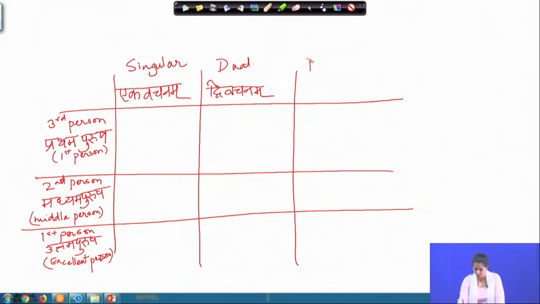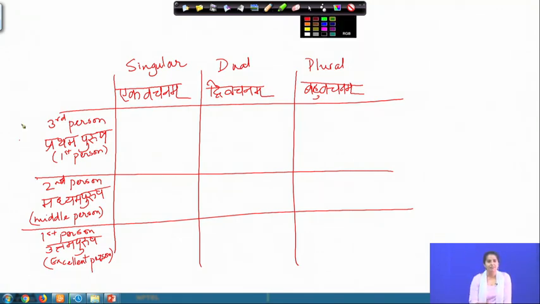And then you have the plural, which is the Bahu Vachanam. I hope you can figure out my writing. It's not exactly very neat here. So ekavachanam is the singular, dvivachanam is the dual form, and bahuvachanam is the plural form.